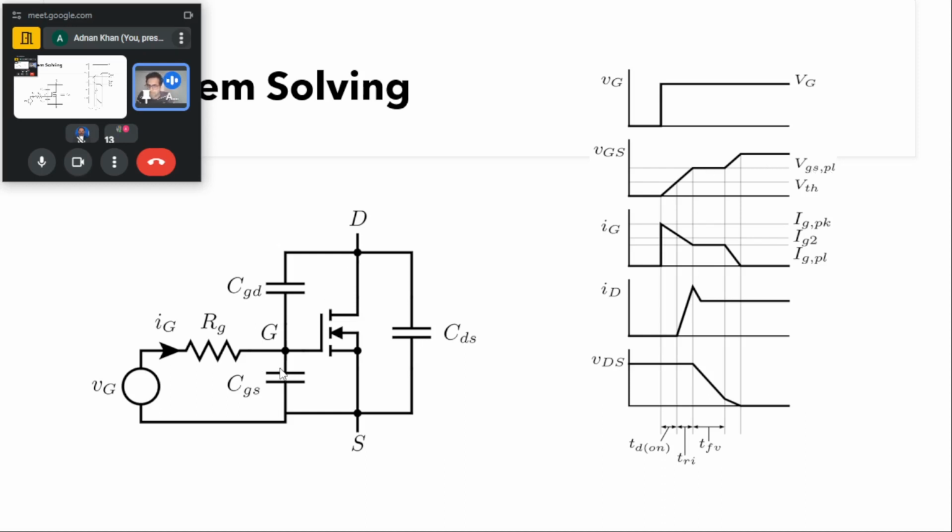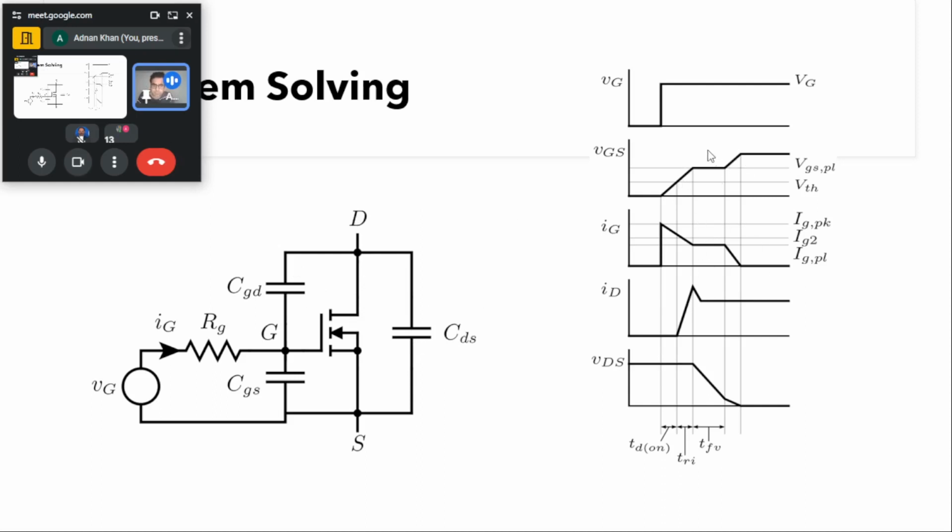After that, this voltage remains at a constant level, and since the voltage is constant, this IG will be constant, and this IG will flow through this CGD, causing the CGD to discharge, and CDS as well, thereby turning on this device.